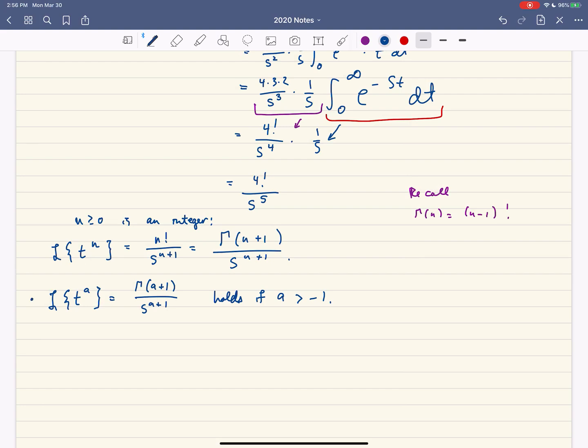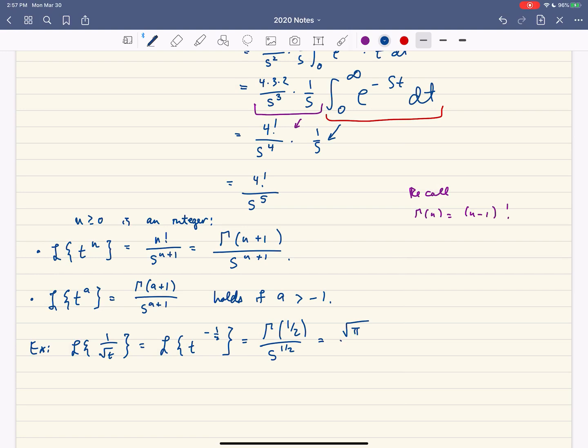So for example, if we were to look at the Laplace transform of 1 over square root of t, that's the Laplace transform of t to the -1/2. And that's going to turn out to be gamma of 1/2 over s to the 1/2. And gamma of 1/2 is square root of pi.